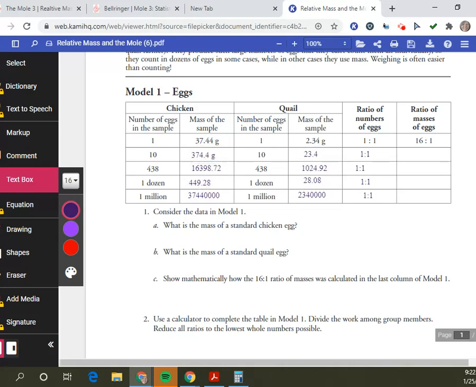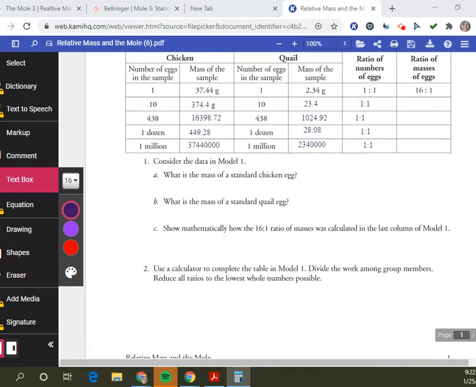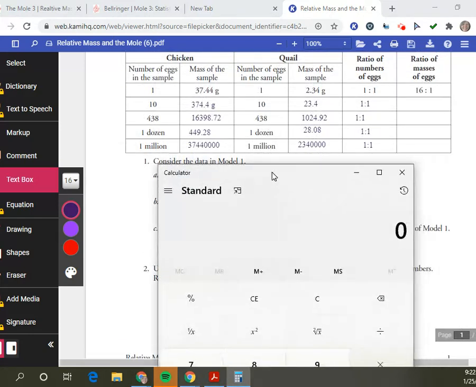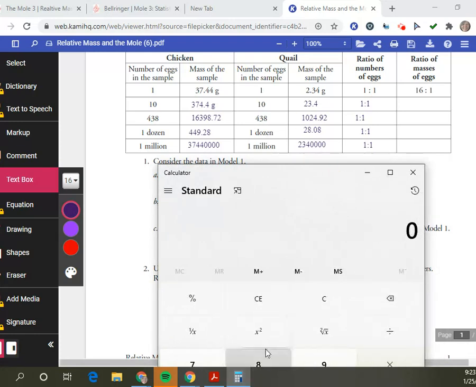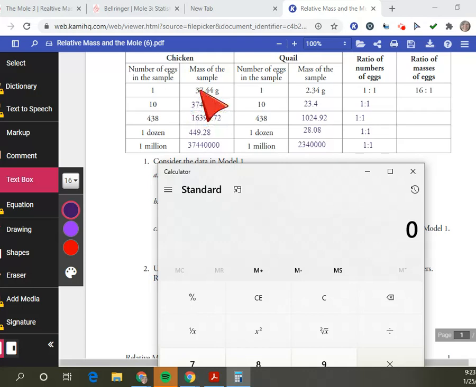And let's bring in our calculator again. So they did 37.44 divided by 2.34.